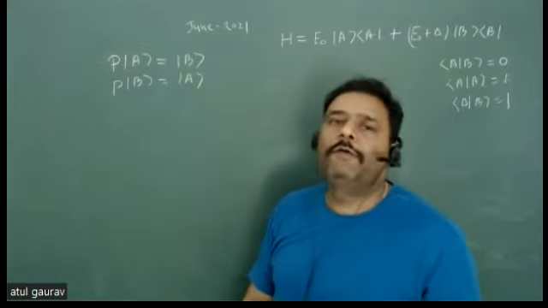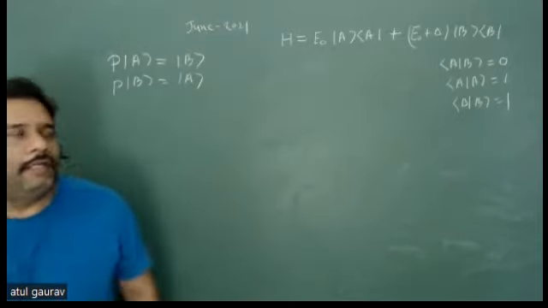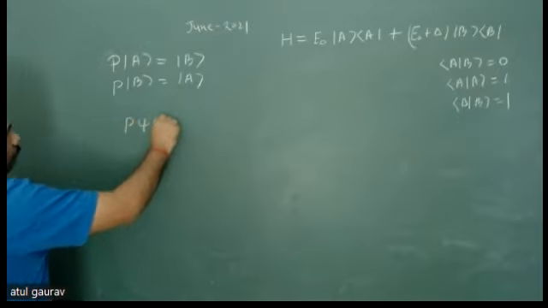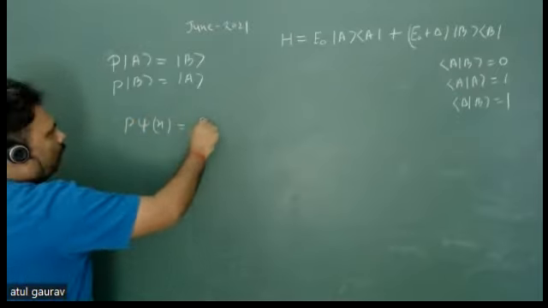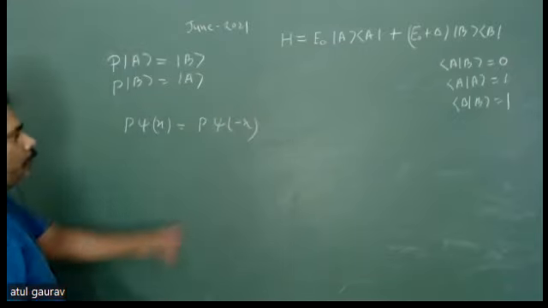So let's work a little bit on what the parity operator is. The parity operator will operate on any function. What it will do is just change the sign of the position part.